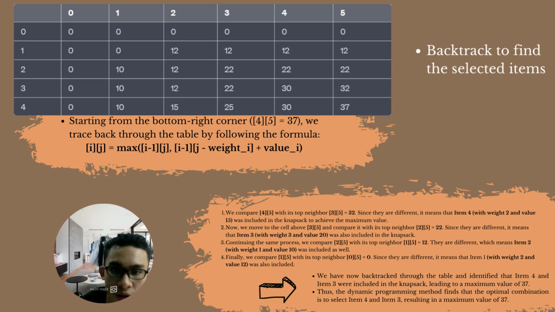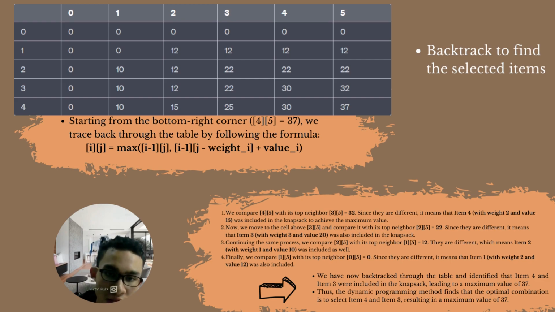Firstly, we compare row 4, column 5 with its top neighbor, which is row 3, column 5, equal to 32. Since they are different, it means that item number 4, with weight equal to 2 and value equal to 15, was included in the knapsack to achieve the maximum value.